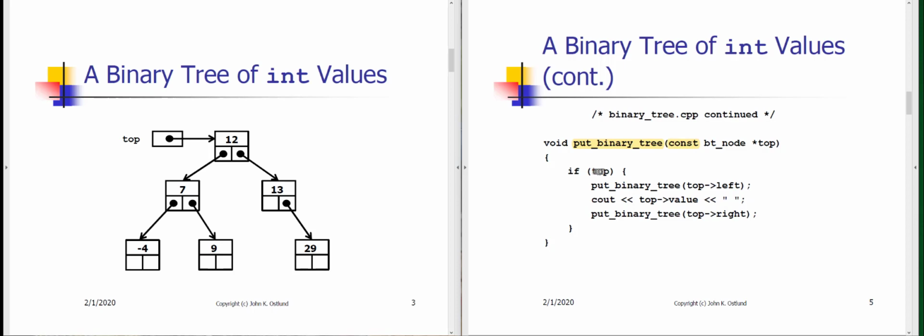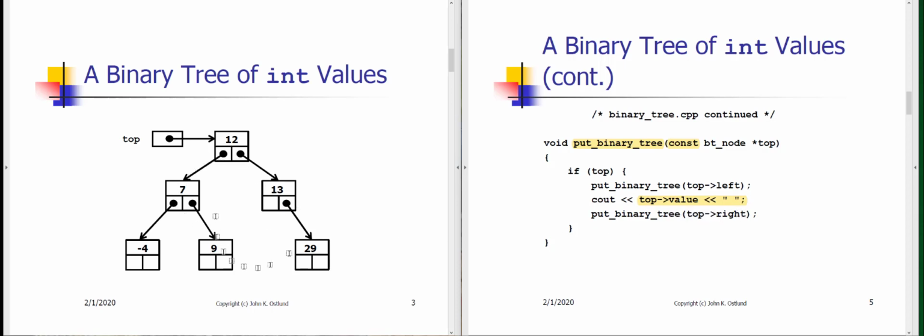If the tree is initially empty, that is, if this top pointer is 0, nothing happens. But if top is not 0, that implies that there are things in the tree. So we're first going to display the left-hand side of the tree. Then we're going to display the current value followed by a space, followed by the right-hand side of the tree.